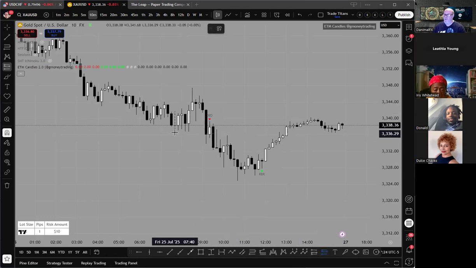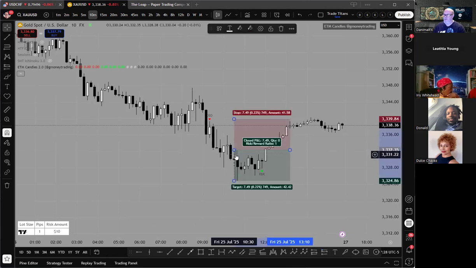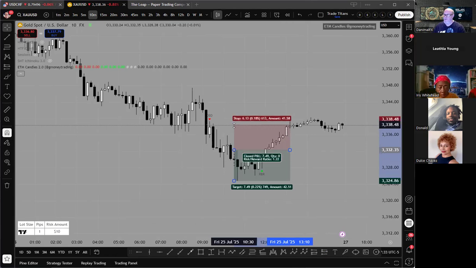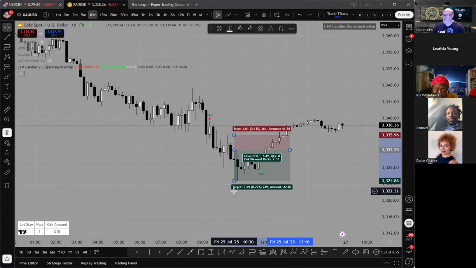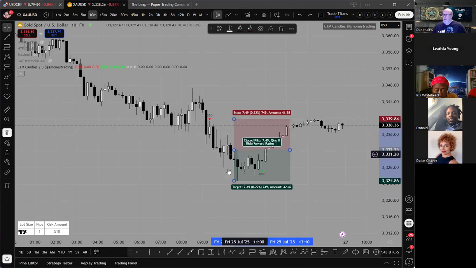So we're going to play this ETM candlestick here. I'd place the entry right about this level. My stop loss here. And look at just the 2-to-1 trade. If I just left it as a 1-to-1 trade, it would have played out perfectly.